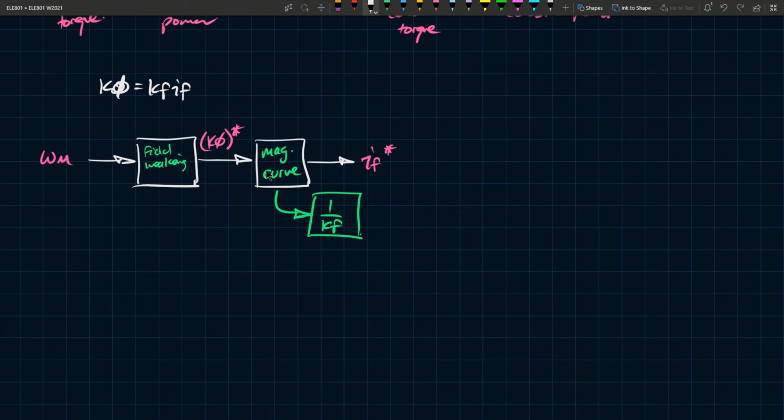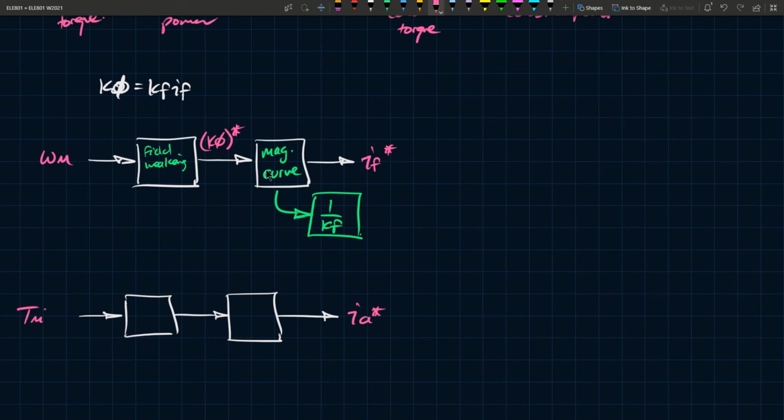It's a similar type of idea, where a command comes in, you have a second block, and then you have a limiter, because it's a good idea to have one of those. So this is IA star, the reference for the armature current. This we can call Tm star. This block in here we can call 1 over kφb, so that's the rated value.